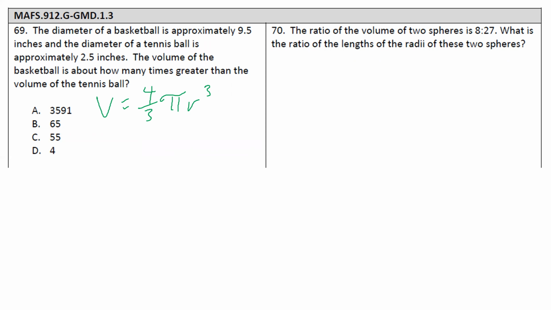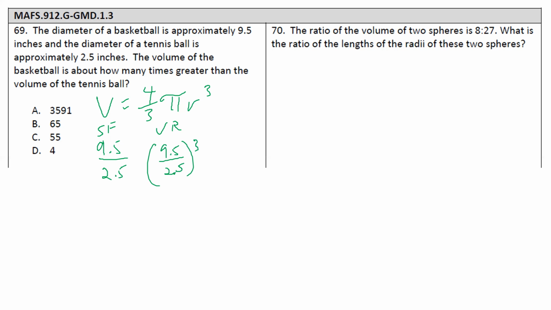We're looking for how many times greater the volumes are. So essentially, we're looking for the volume ratio. So we already have the basketball is 9.5. The tennis ball is 2.5. This will give us our scale factor. Our volume ratio will then be our scale factor cubed. Again, you could cube each one individually and then divide them, or divide them and then cube them.